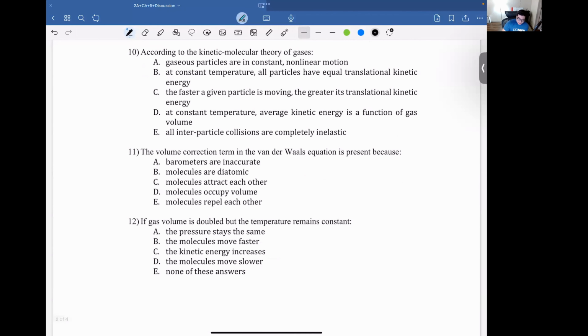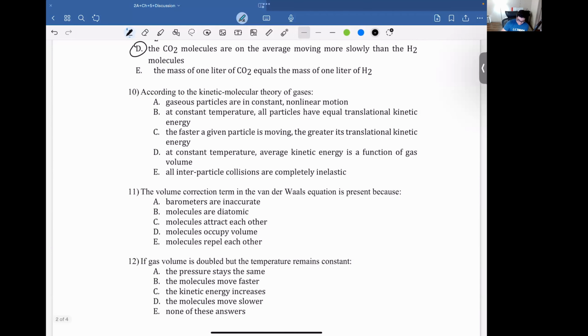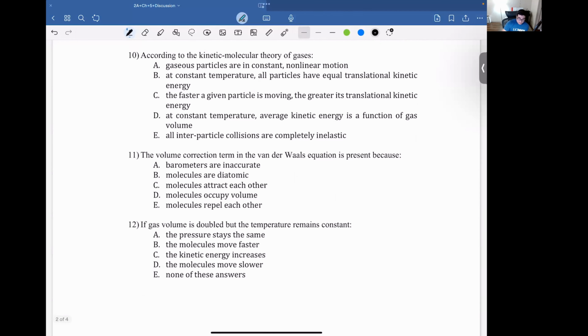All right, 10, it says according to the kinetic molecular theory of gases, A, gaseous particles are in constant nonlinear motion. B, at a constant temperature, all particles have equal translational kinetic energy. For A, that one is not true.